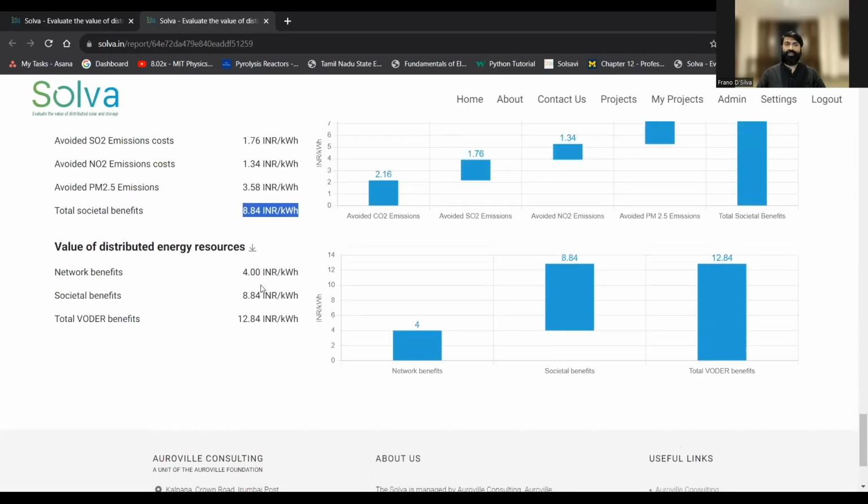The total of this gives us the value of distributed energy resource, that is the VODA, and we consider this as a total savings, which should be taken into consideration while assessing the integration of DER on the distribution network.